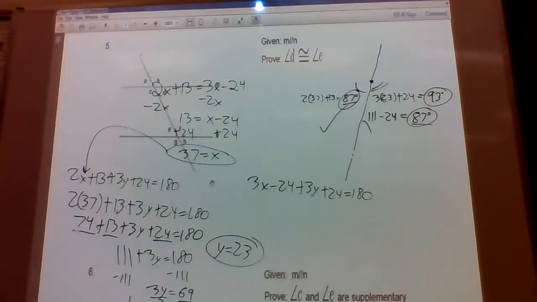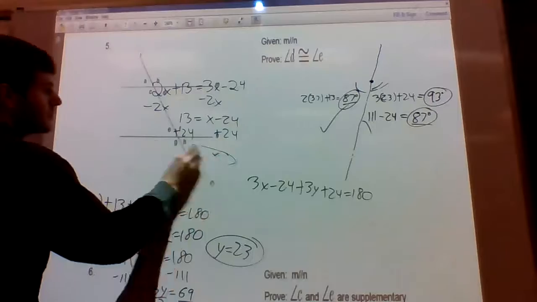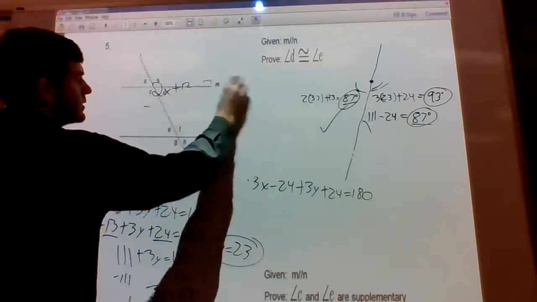Now on to the proofs, number 5. We start our proofs with our givens. So we got to write steps and justifications, and then we got to write our givens.